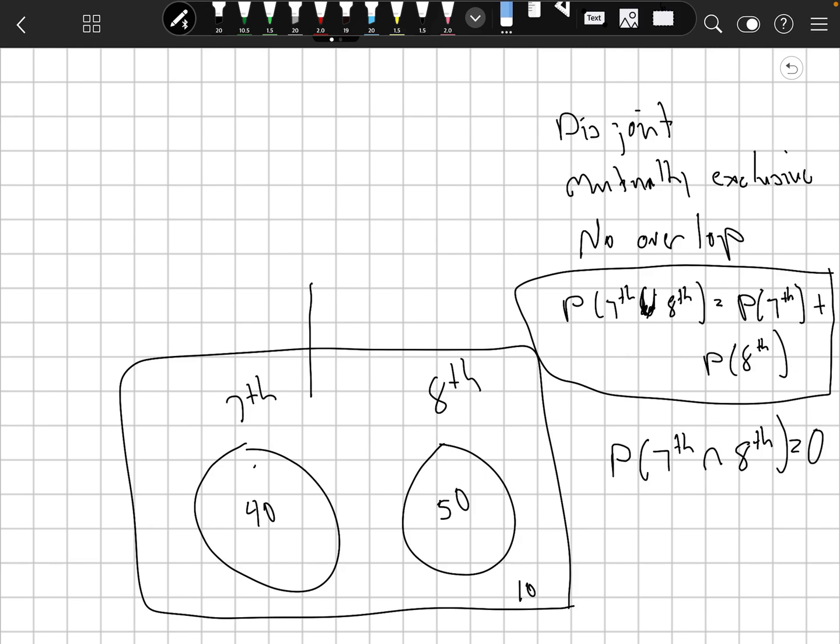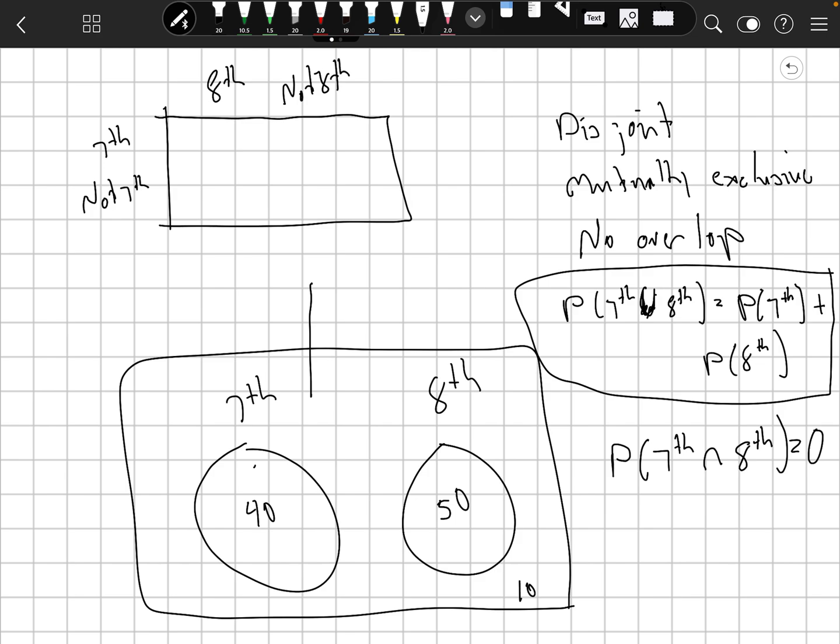And let's just make a joint frequency table just so you can see this. So 7th, not 7th. 8th, not 8th. Something like that.